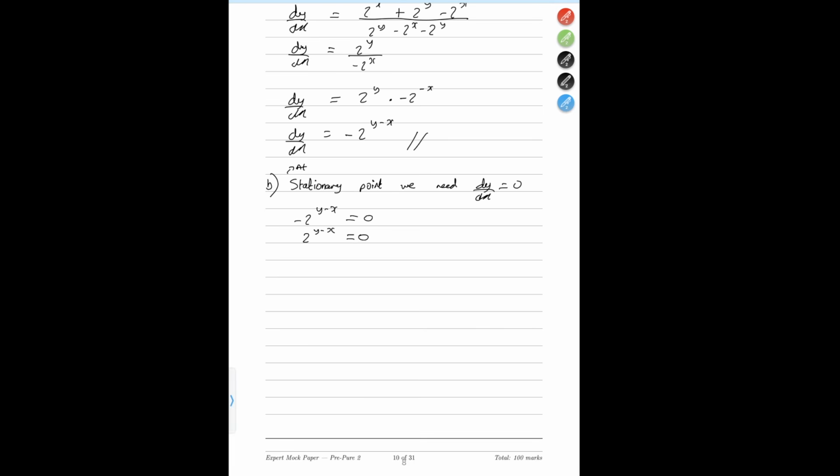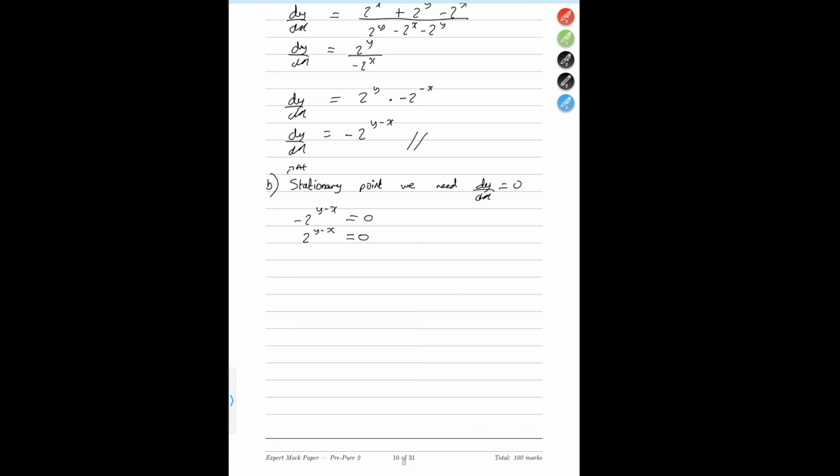Hopefully you can at least notice that you can't raise something to a power to get 0. Any power will not give you 0. For example, 3 to the 0 is just going to be 1. So obviously apart from this, if it's 0, that would give you 0, but we've got 2 here.